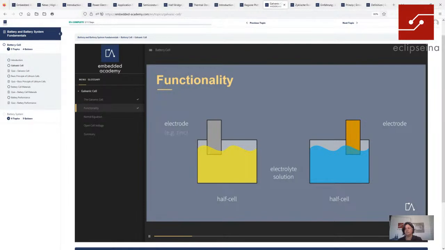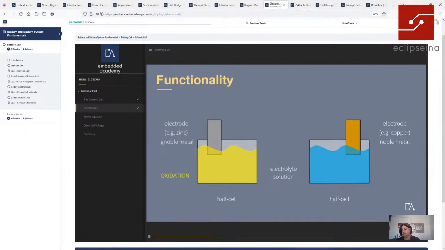The materials used in this example for the electrodes are zinc and copper, which we already reflect in the colors. More generally, we can say that the electrode on the left is made out of ignoble metal, while the electrode on the right is made out of noble metal. When the zinc electrode is immersed into the electrolyte solution, it comes to a reaction between the metal atoms and the water of the electrolyte solution.